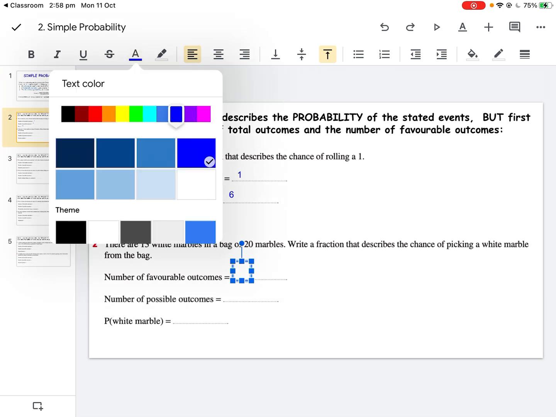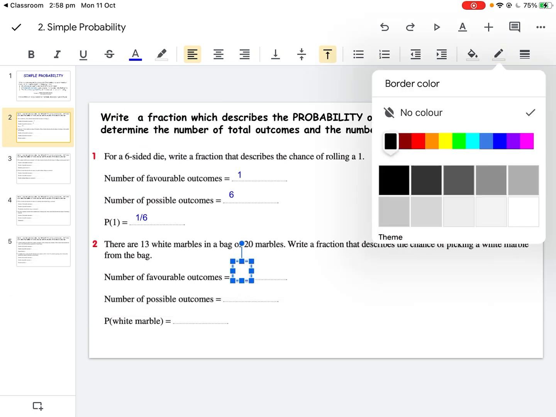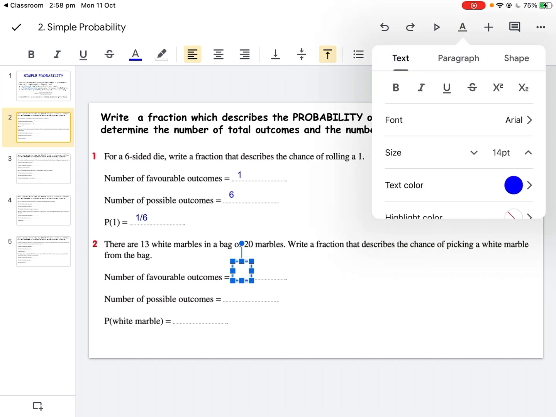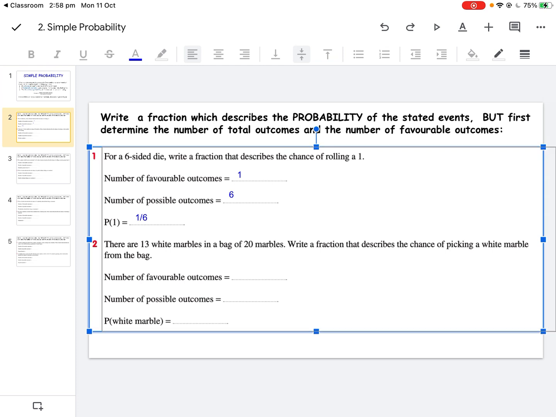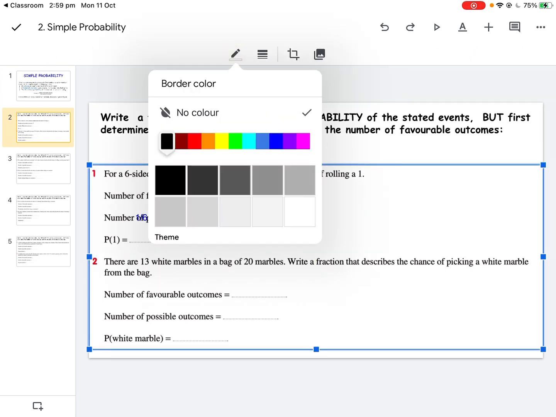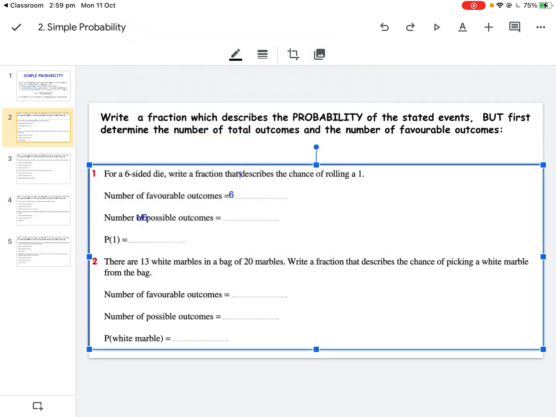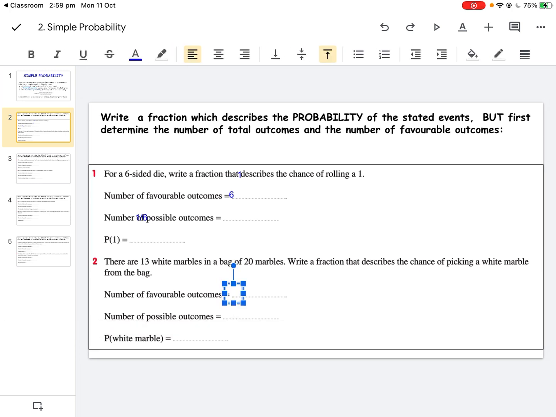I just want to write. How do I write, kids? Oh well, doesn't matter. It's not going to let me write. I want a colour. Can I have a colour? Alright, doesn't matter.